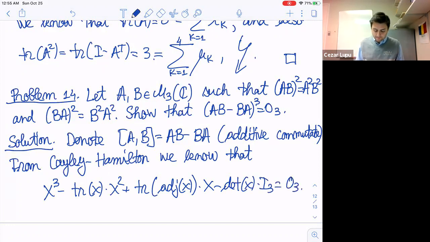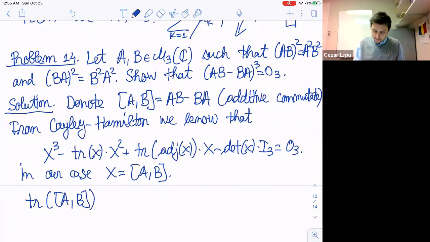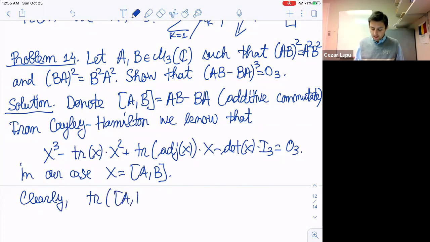In our case, x is the bracket [A, B]. Clearly, the trace of the bracket [A, B] is 0, right? It's the commutator.